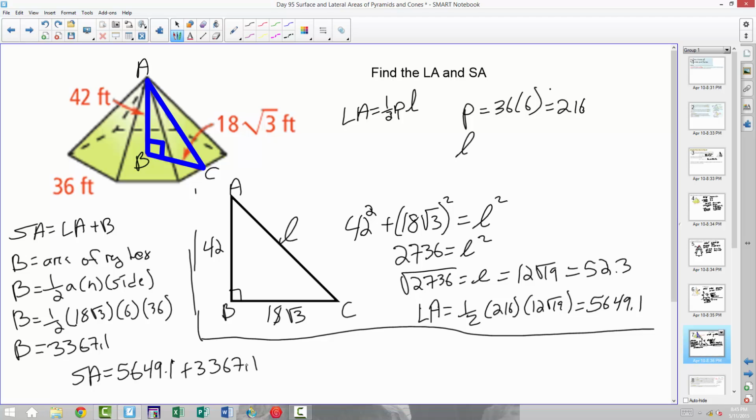We get 9016.2. So all this is 9016.2 feet squared. And that's the surface area. This is a good problem. This is working with radicals.